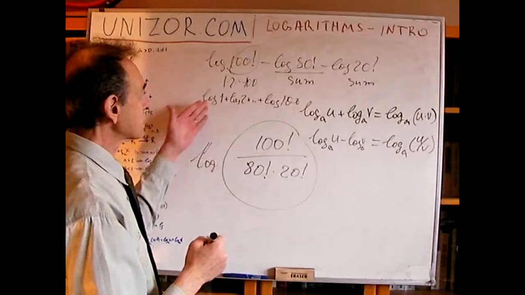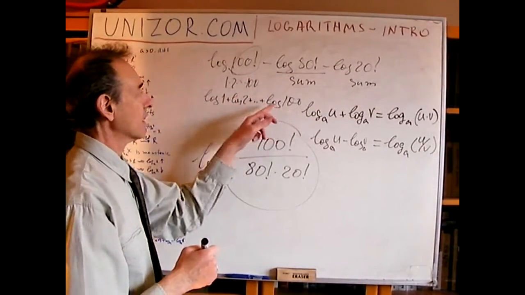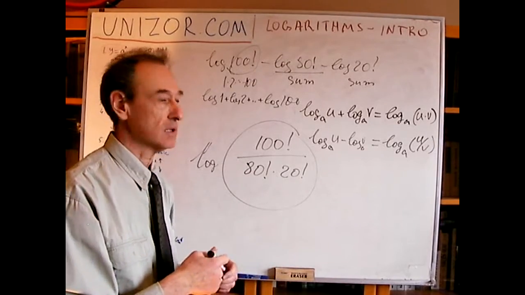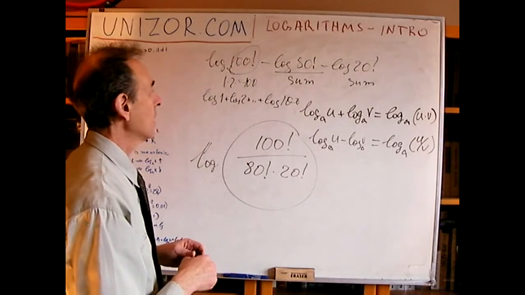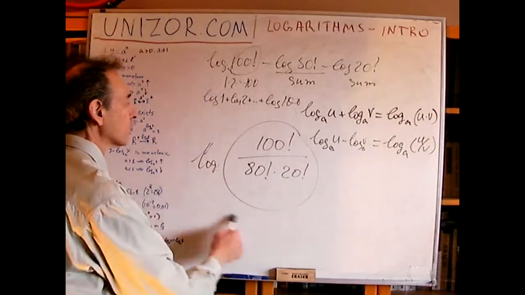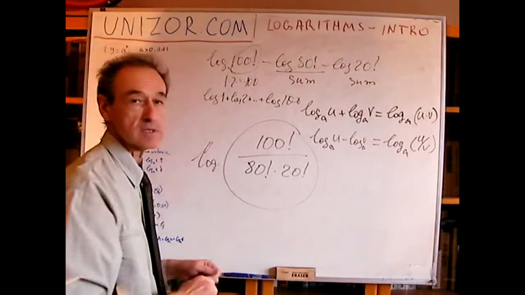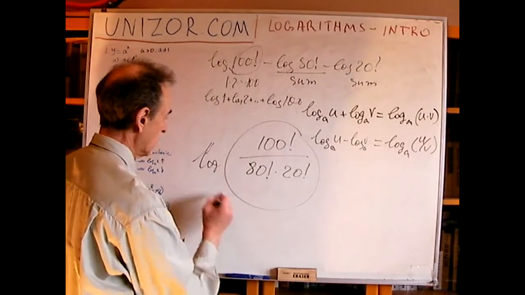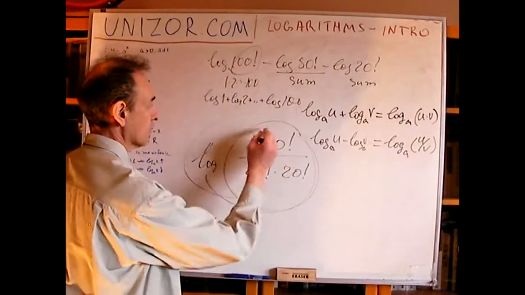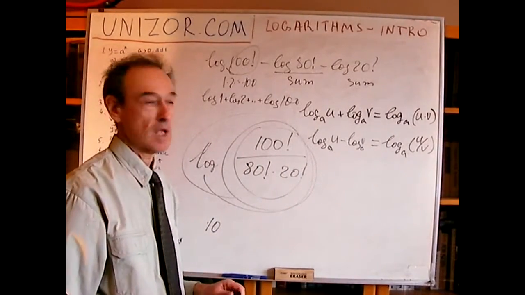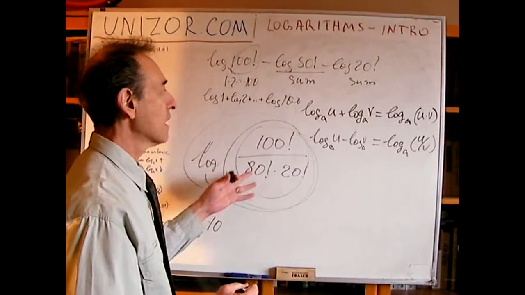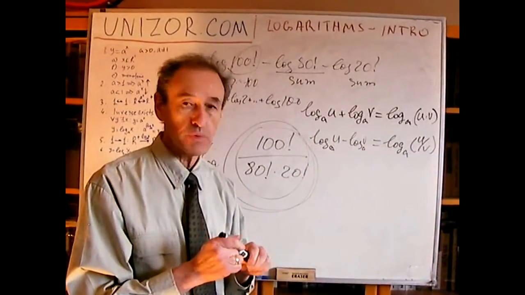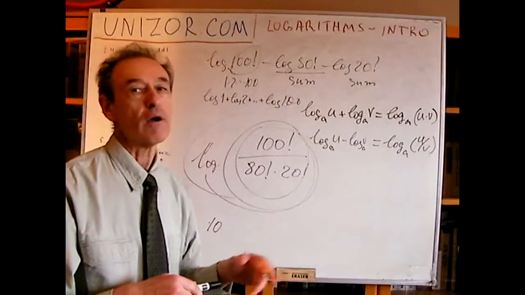Now, once I did this, I can put it into any program, and the program will calculate without any problems. And then, after I have figured out what my logarithm of this is, all I have to do is raise 10 to this power to get the value of this. So, without logarithms, I wouldn't even be able to do this calculation even with computers because the numbers are too large.